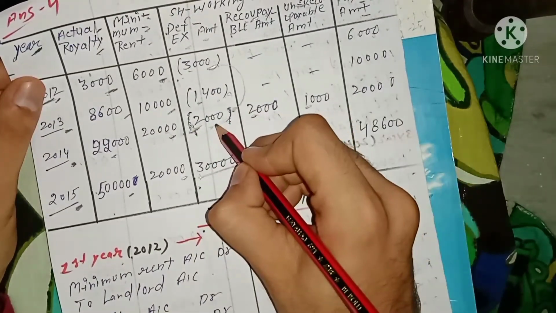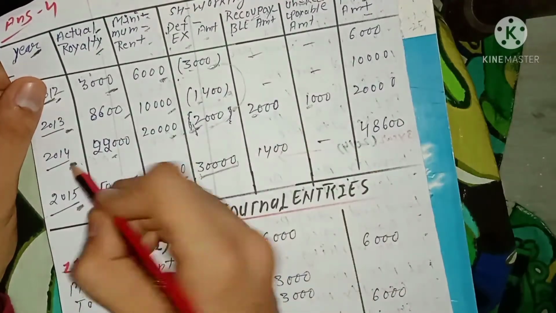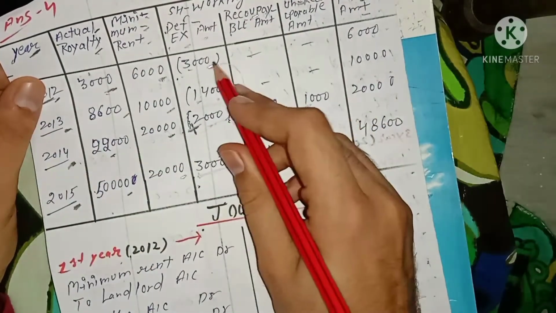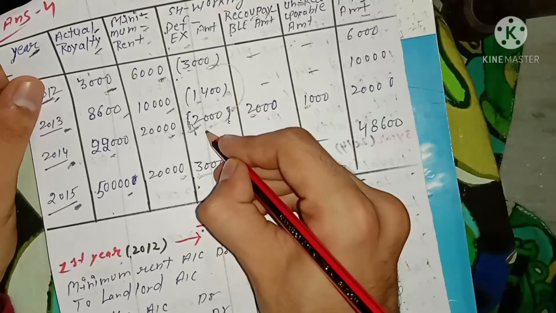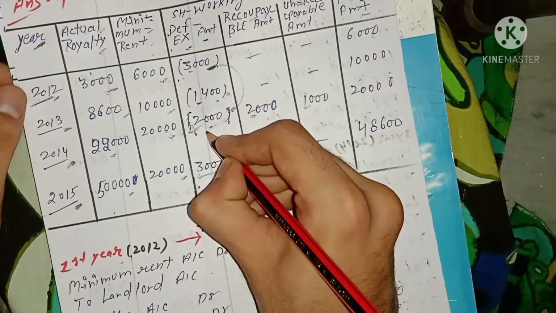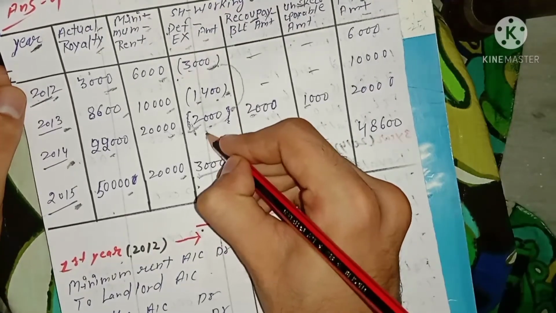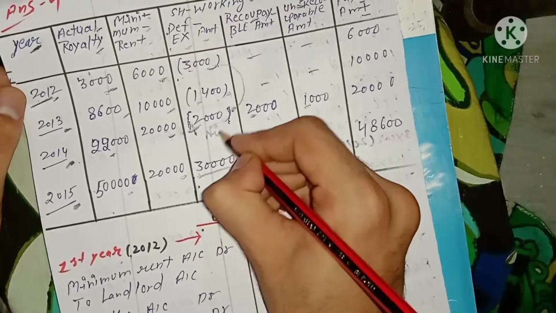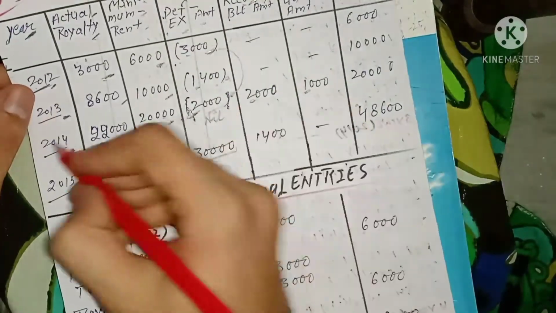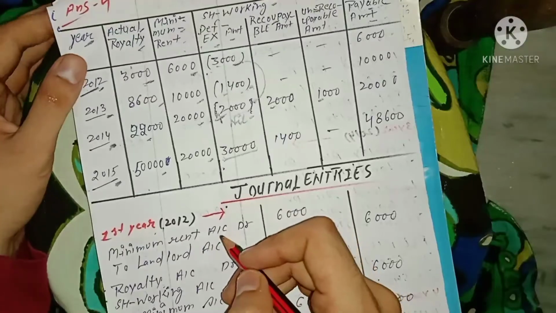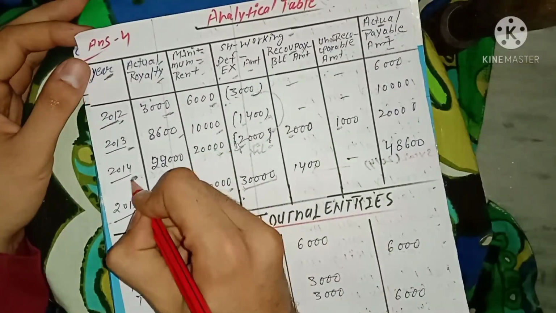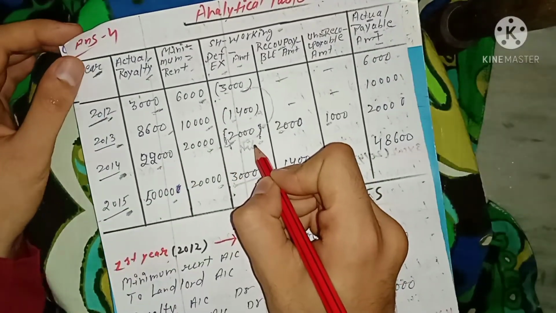Now here in the year 2014, after that, it is nil, totally nil. So you have to skip the year 2014 due to having an insufficient amount of excess working.